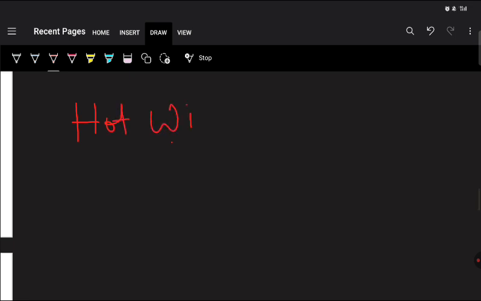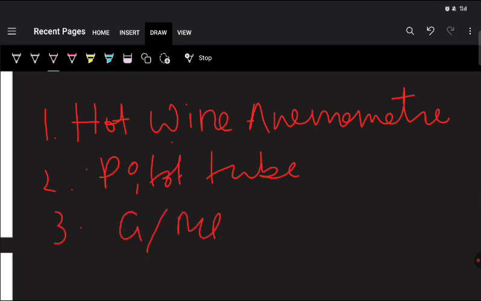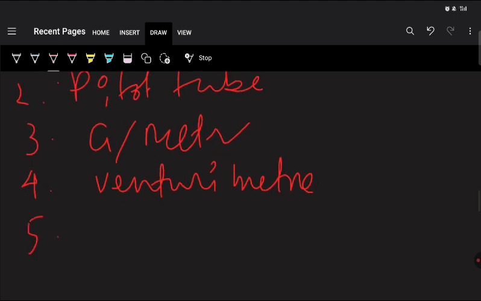First is the hot wire anemometer. Number 2, pitot tube. Number 3, current meter. Number 4, tensiometer. Number 5, flow nozzle.